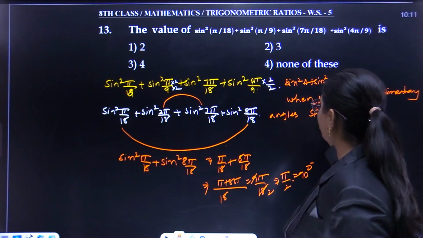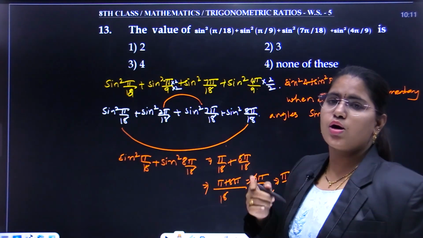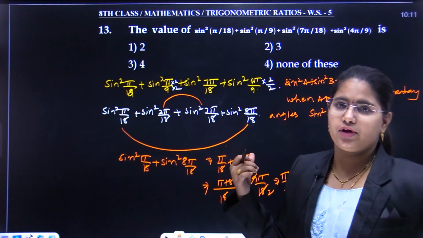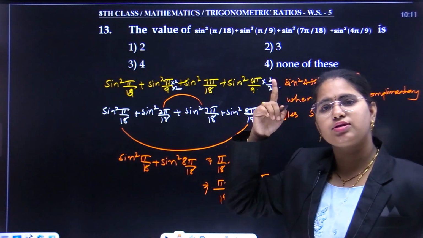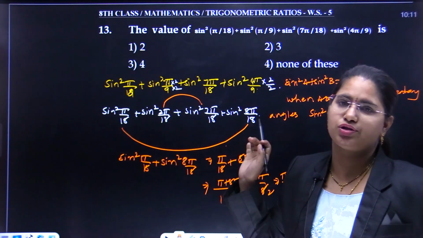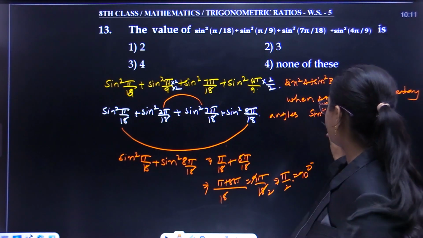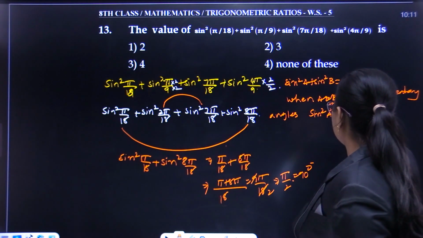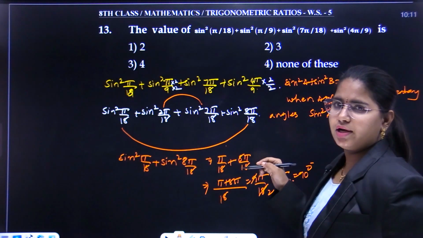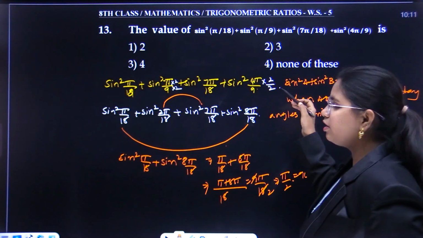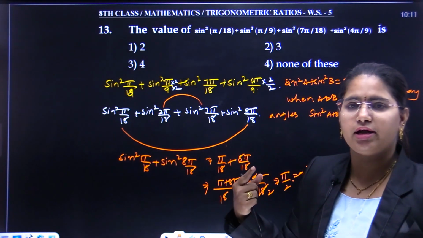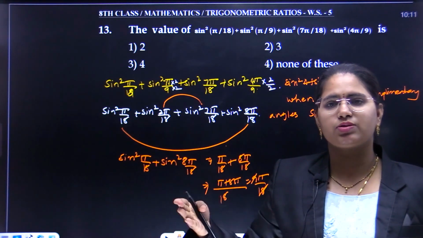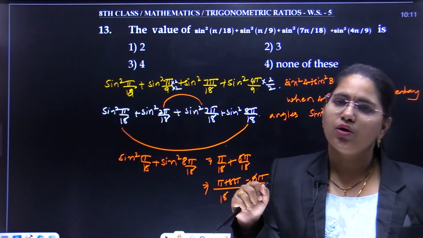Do you remember, whenever I taught you the concept of complementary and supplementary angles, we derived many relations. If anybody is not clear with this, you just go through that video and then watch this. Done. So sine square A plus sine square B is always equal to 1. Do you remember, children? If A plus B is equal to 90, then we have a beautiful result: sine square A plus sine square B is always equal to 1.